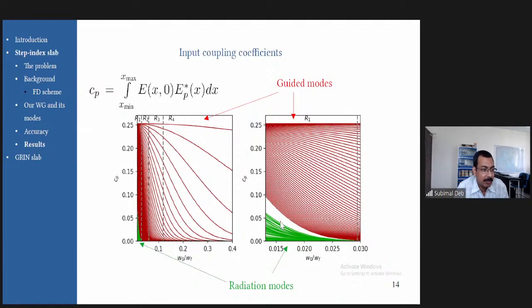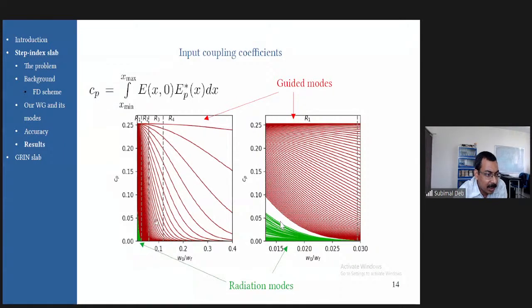As you change the width of the input beam, that is, you go from the paraxial to the non-paraxial domain, the number of modes that get excited increase. On this plot, on the rightmost end, you have the paraxial domain. As you move towards the left, that is lower values of W0, you are going to the non-paraxial domain. So you'll have greater divergence of the beam and more modes being excited.